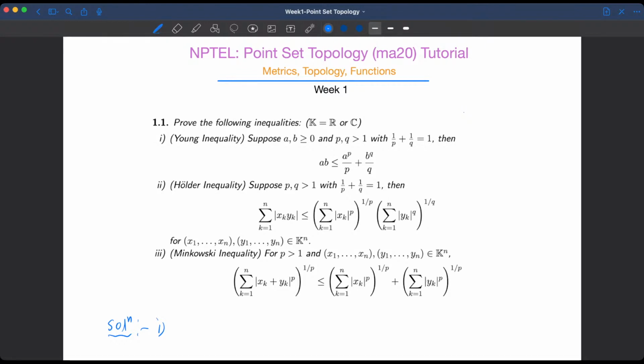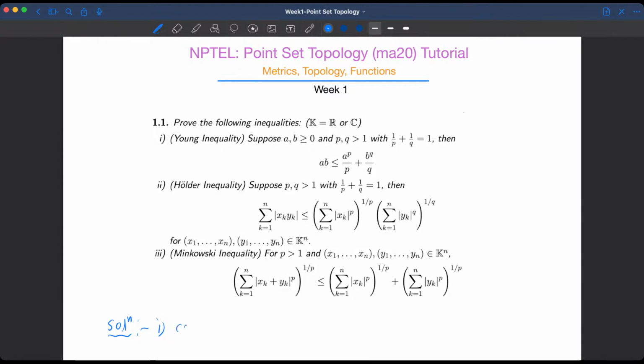Yes, right. One part will give you a^p/p, and exactly the inverse of y equals x^p will be x equals y^q. So let us consider those two functions.